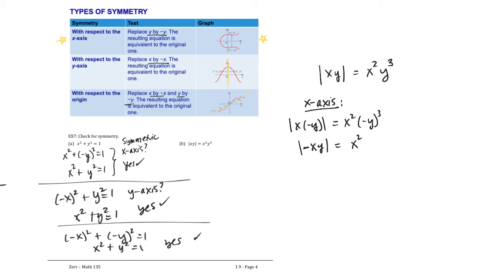When you cube a negative number, the whole thing is negative, so that would be negative y cubed. But the absolute value of a negative is a positive. So this ends up not being symmetric because it ends up being absolute value of xy is equal to negative x squared y cubed. So that one is not the same.